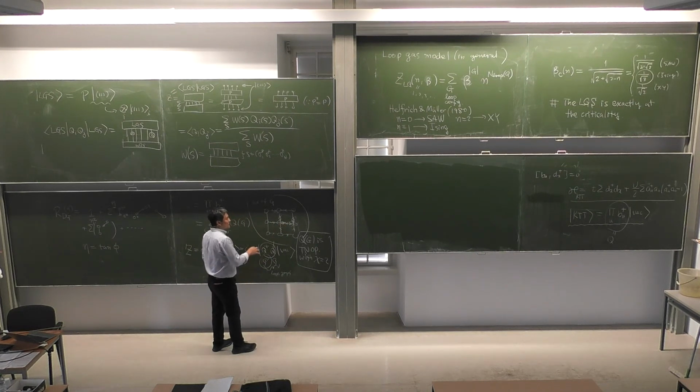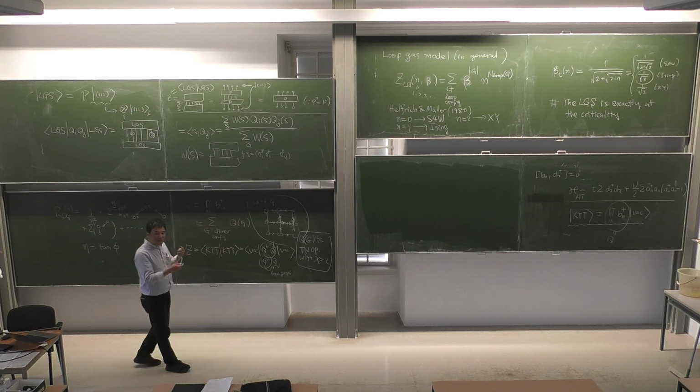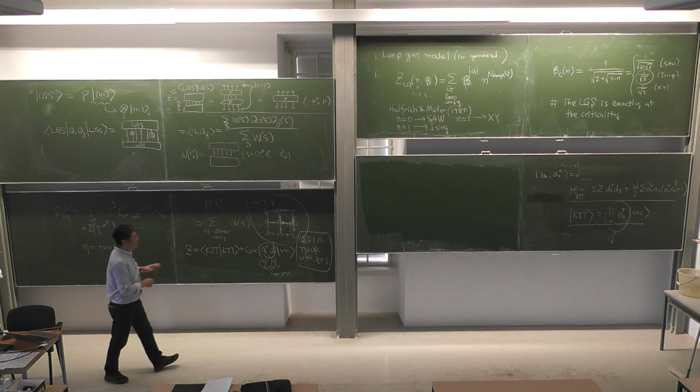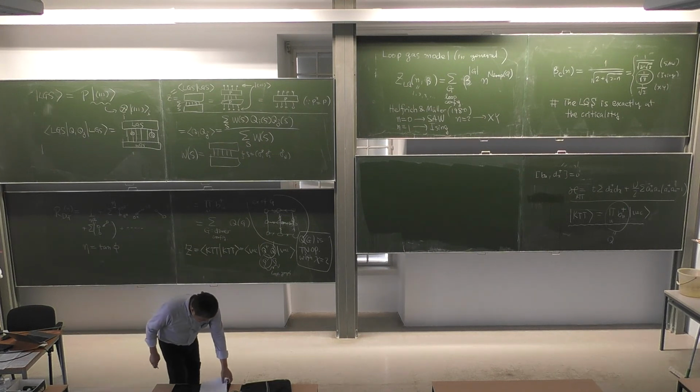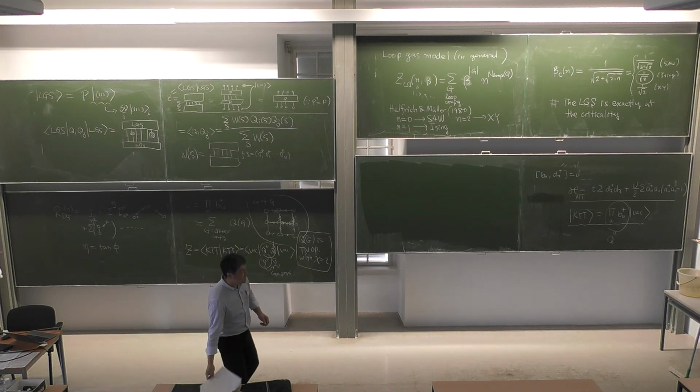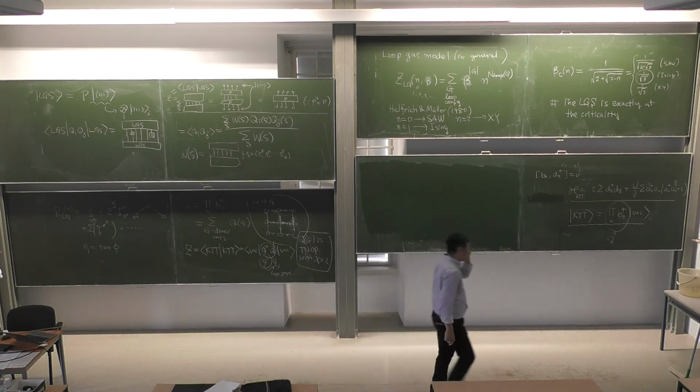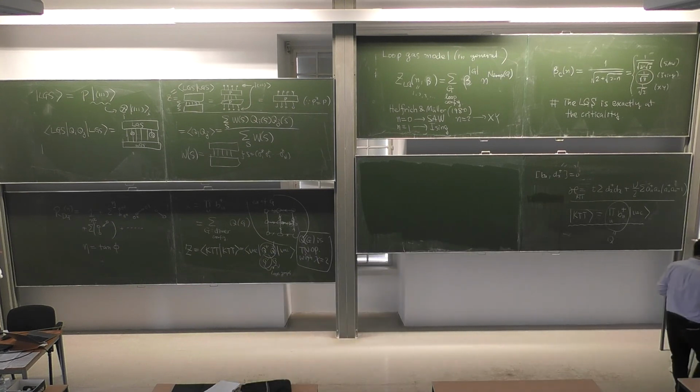In this way, you can introduce the direction for each loop. So in the end, what we can get is a loop gas model with 2 colors.